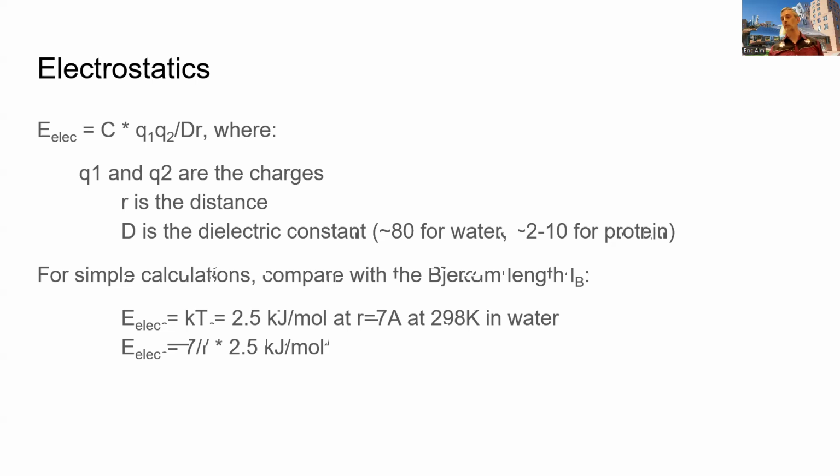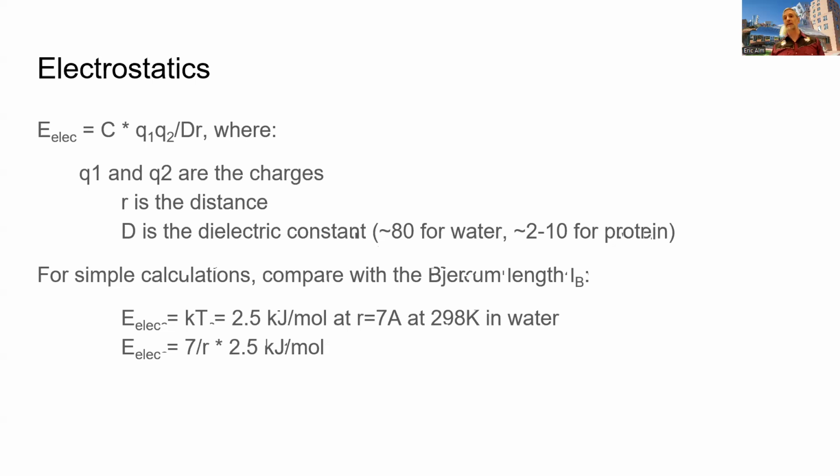In this case, when we're looking at proteins, we're usually looking at individual atoms, and so often we're just looking at a unit charge. So we've got a constant, and then it's divided by the distance between those particles. So the force is divided by the distance squared, but the energy is divided by the distance.